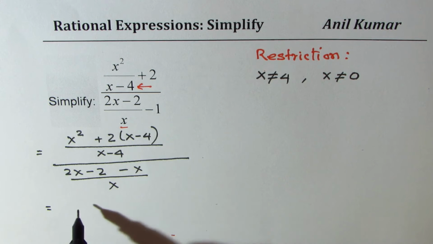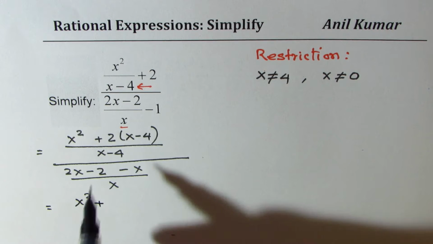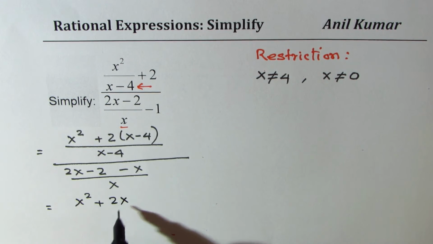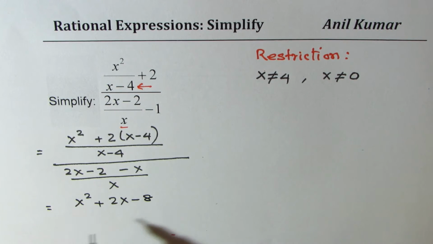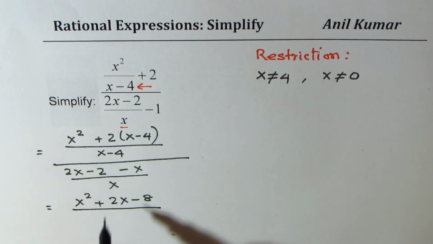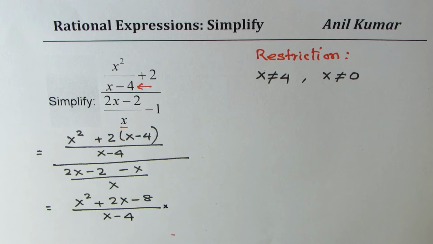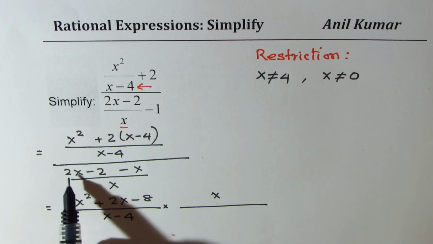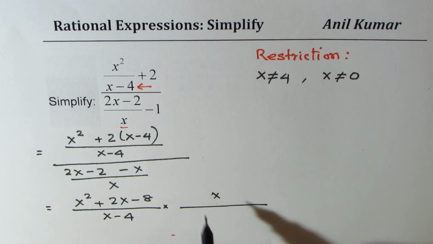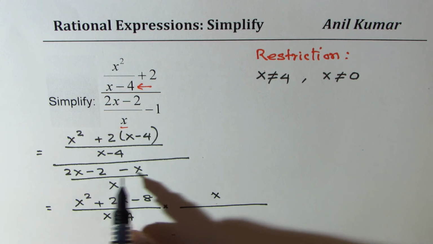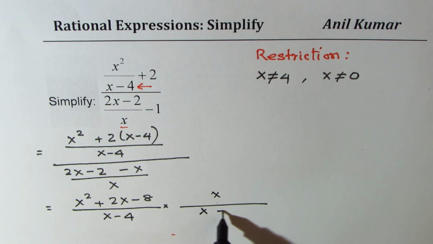So we could write this as x squared plus, let's open the bracket. So we have 2x minus 8 over x minus 4, and here division I'm writing as multiplication, x over all this. So 2x minus x minus 2. So 2x minus x is x minus 2.